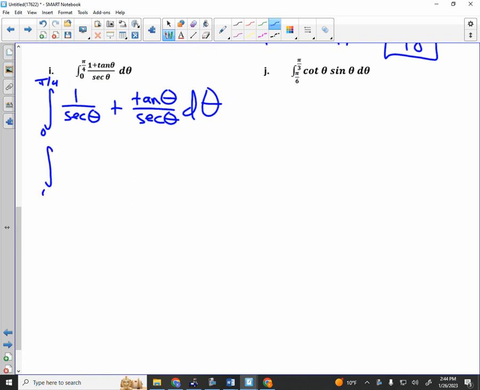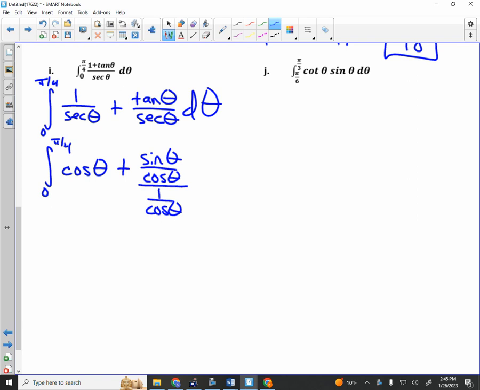So I have the integral from 0 to pi over 4 of cosine of theta, as 1 over secant is the same as cosine, plus, and then tangent over secant, that would be sine of theta over cosine of theta, divided by 1 over cosine.